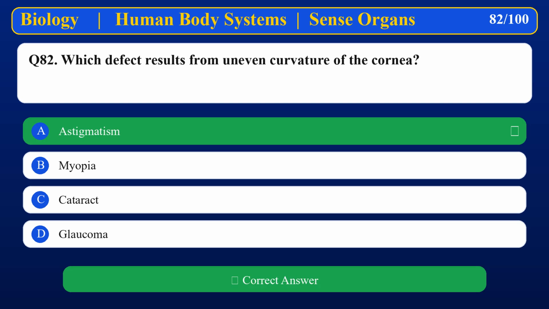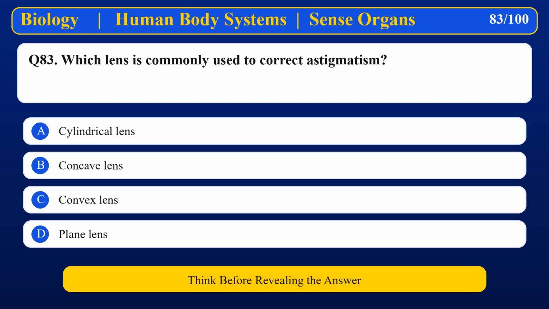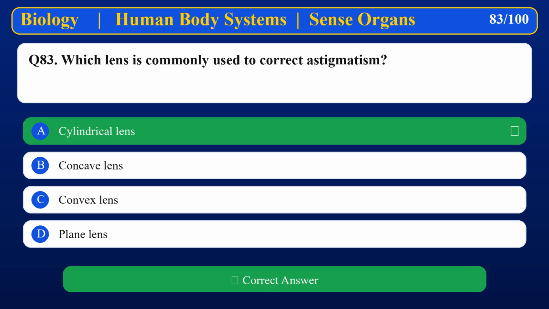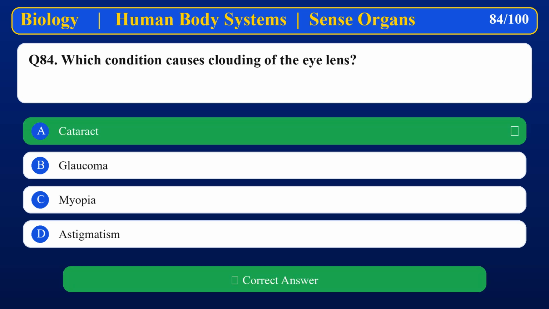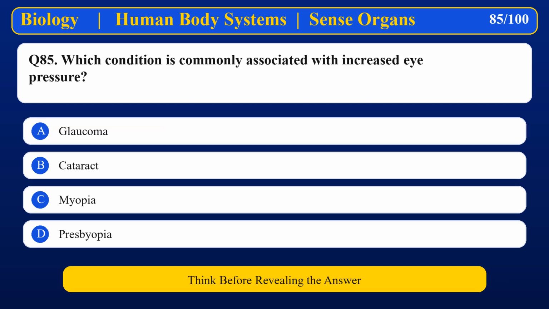Astigmatism. Which lens is commonly used to correct astigmatism? Cylindrical lens. Which condition causes clouding of the eye lens? Cataract. Which condition is commonly associated with increased eye pressure?